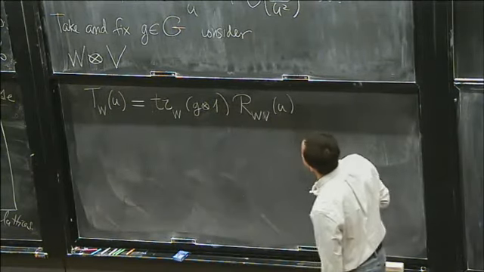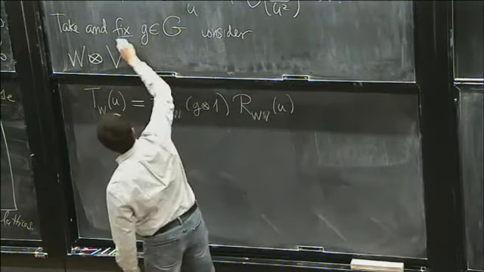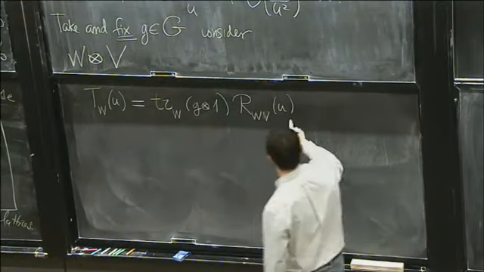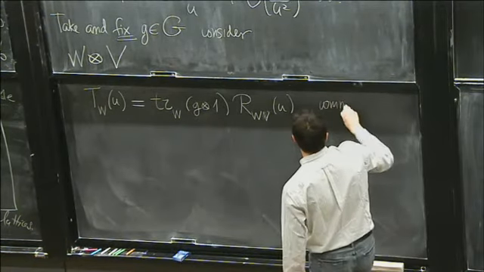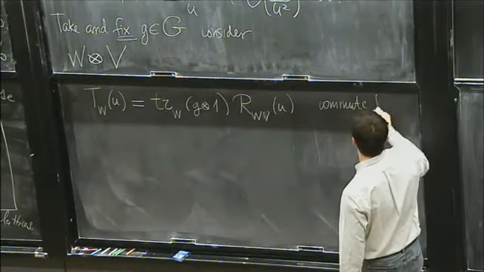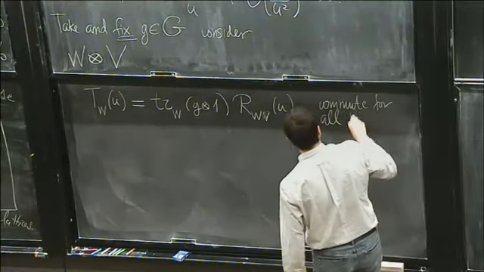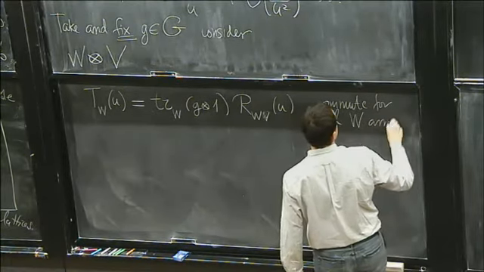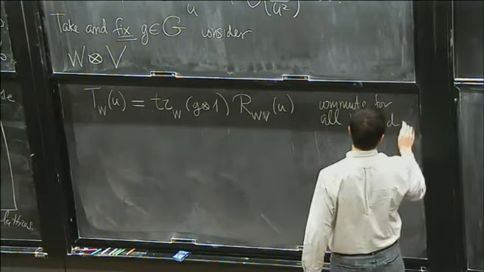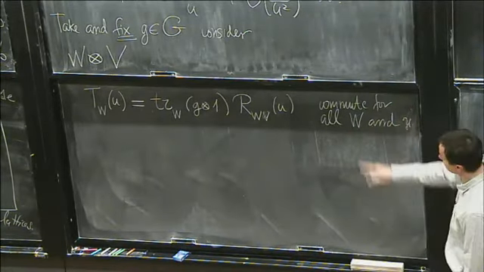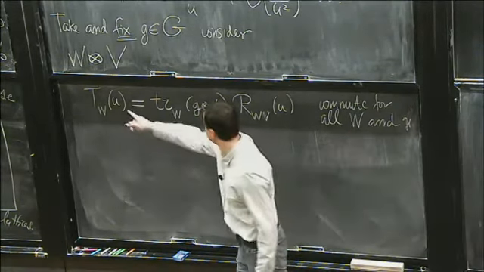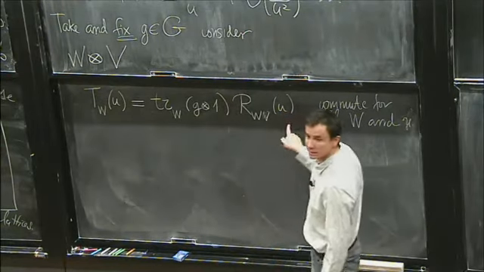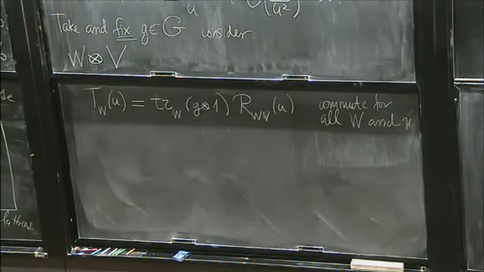For fixed G, these commute for all W and V and U. This is an operator in V. Once you've taken a trace over W, this acts in V, and they commute.